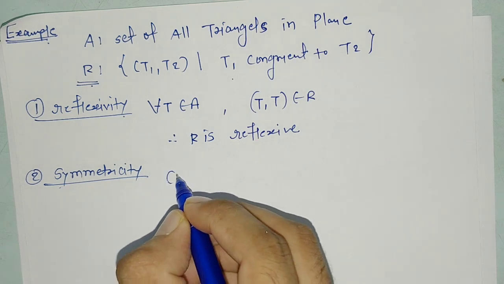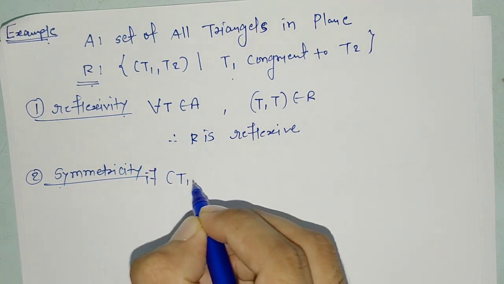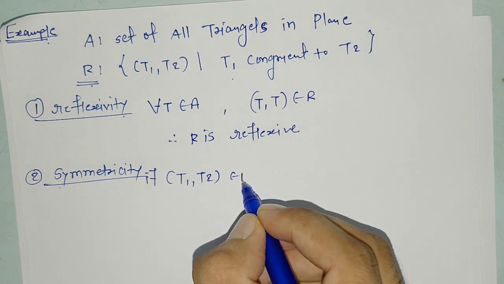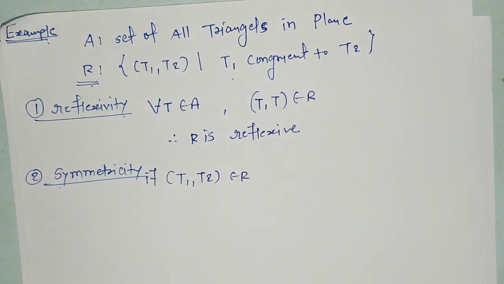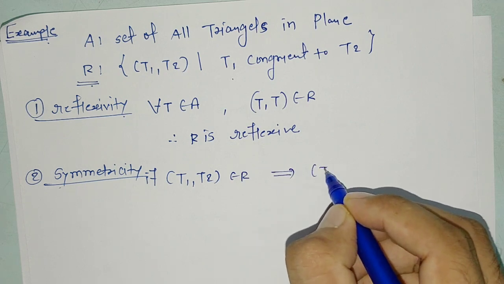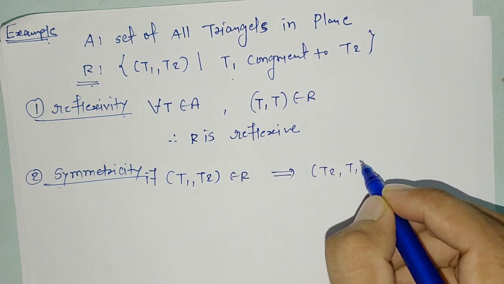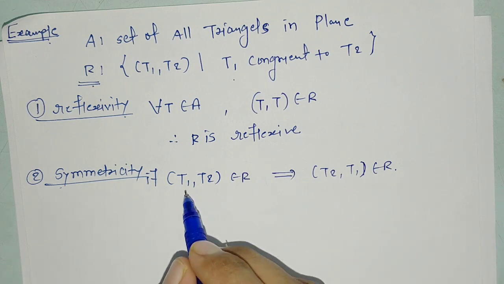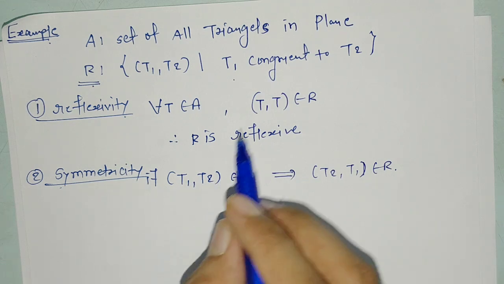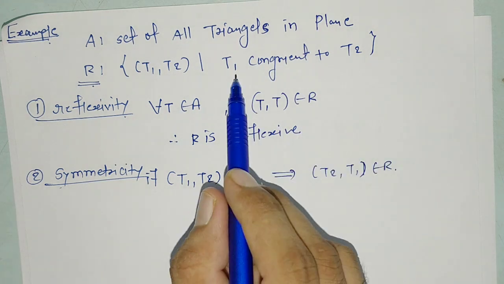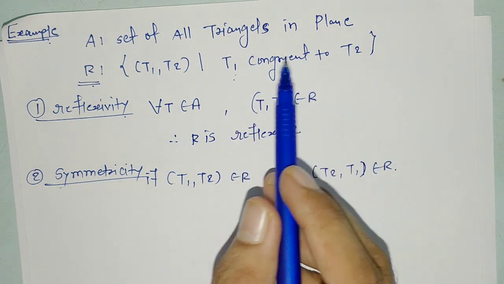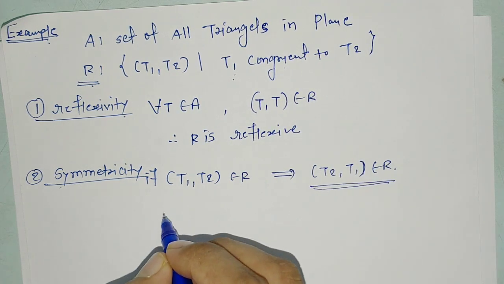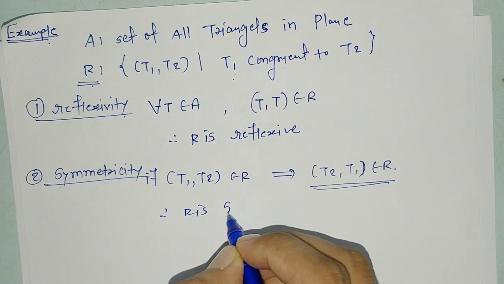It means if T1 and T2, which are two triangles from the set, are related under relation R, then (T2, T1) is also related. It is obvious, no? T1 related to T2 means T1 is congruent to T2. As T1 is congruent to T2, T2 is also congruent to T1, so symmetricity is also satisfied. So R is symmetric.